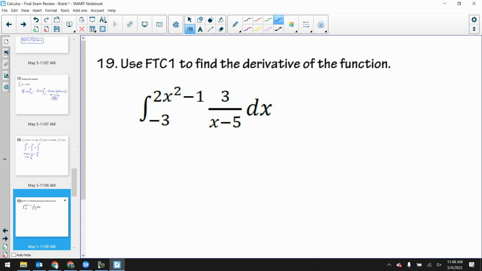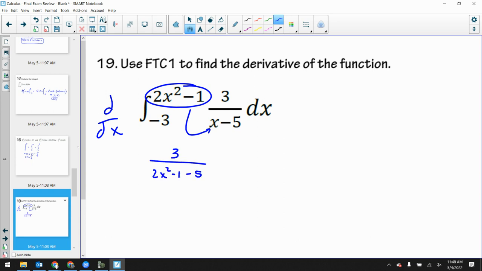All right. Use FTC1 to find the derivative of the function. So remember, what do we do here? When I find d over dx of this, I'm going to take this value and plug it right in there. So this is going to be 3 over 2x squared minus 1 minus 5.